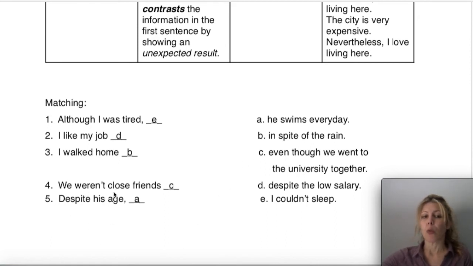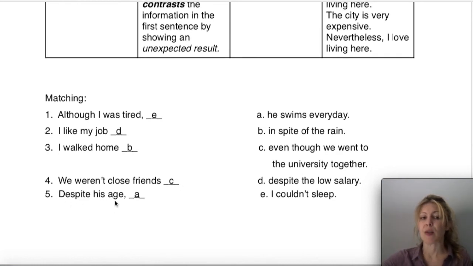Number 4, we weren't close friends, C, even though we went to the university together, or although we went. You could say, even though we went to the university together, comma, we weren't close friends. So again, you can switch these clauses as long as you keep the information in the correct clauses.